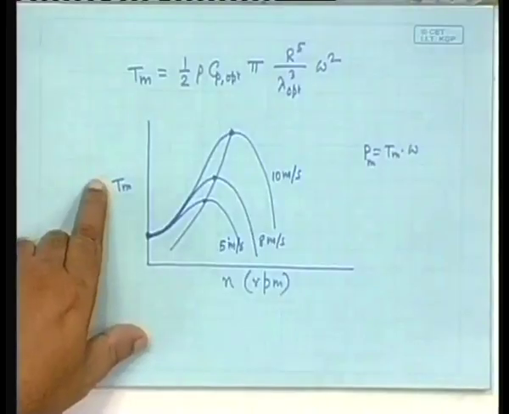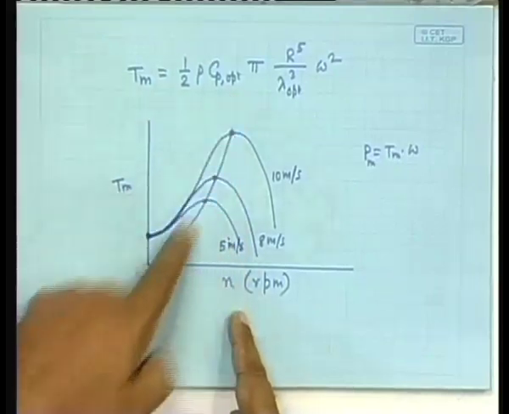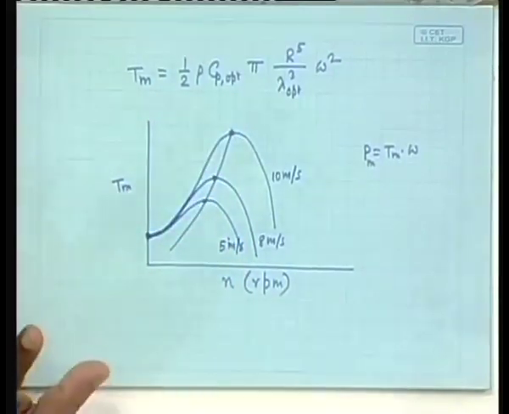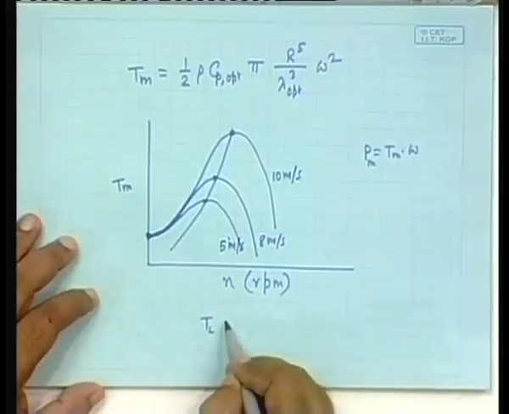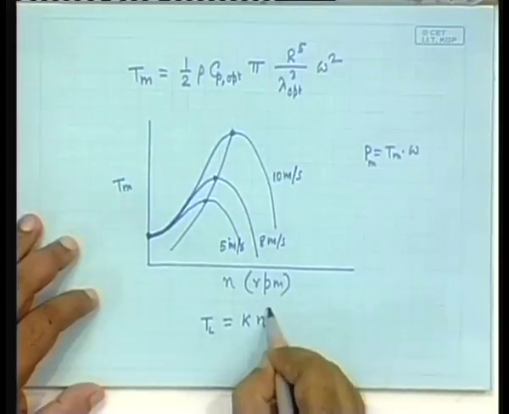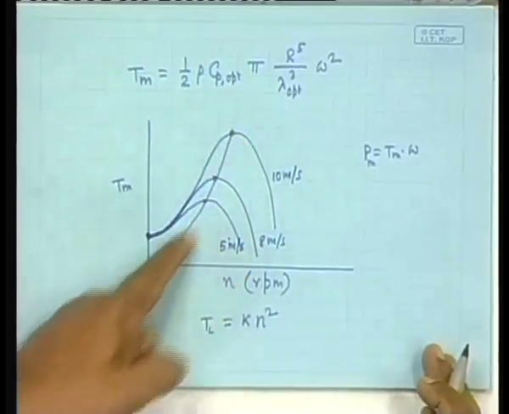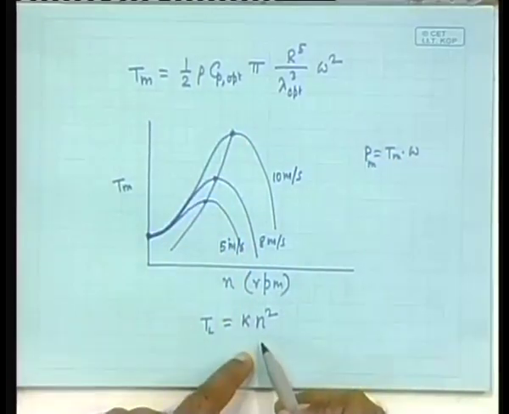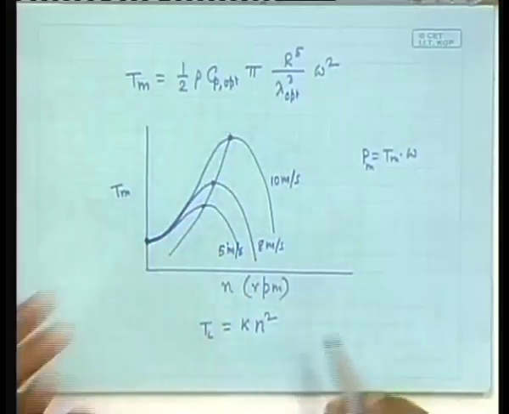If you do so, you might argue that it is possible to have exactly the load torque also proportional to the square of the speed. So, you would like to have TL equal to some constant of proportionality times n square, because the generated torque had this same characteristic, so the load torque should also have the same characteristic, so that it operates exactly here.